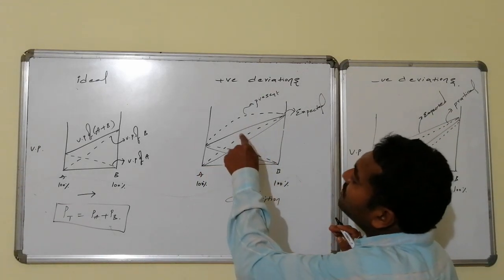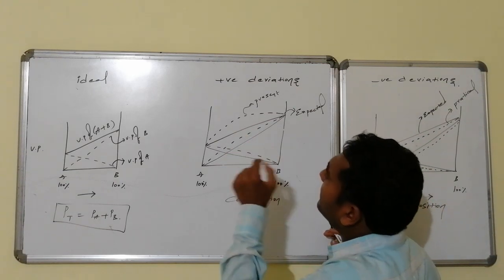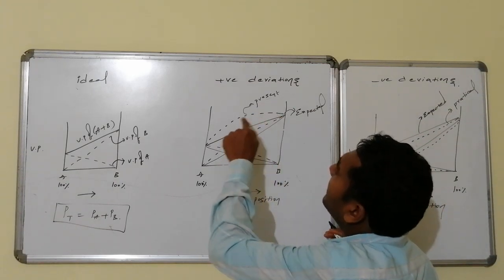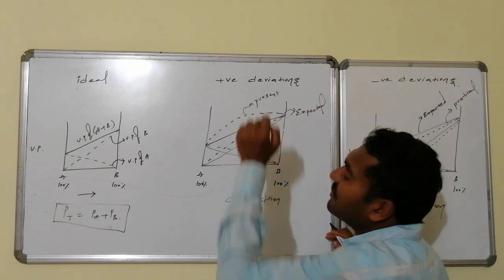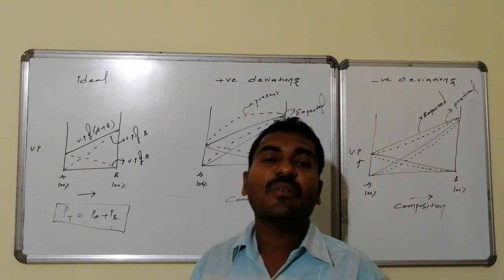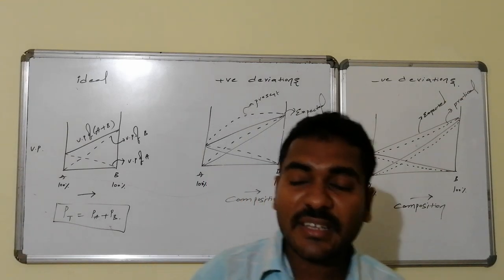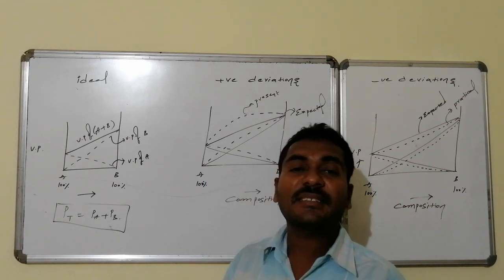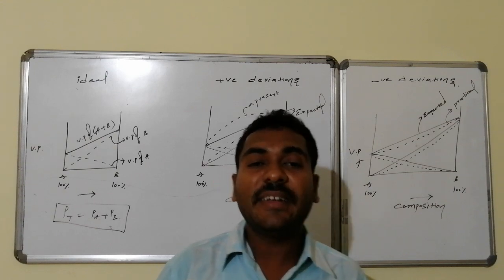We are expecting this much vapor pressure of the A plus B mixture, but practically the values of A plus B will be greater. Implies what? After addition, vapor pressure increases. Vapor pressure increases when volume increases. Attraction between A and B decreases.